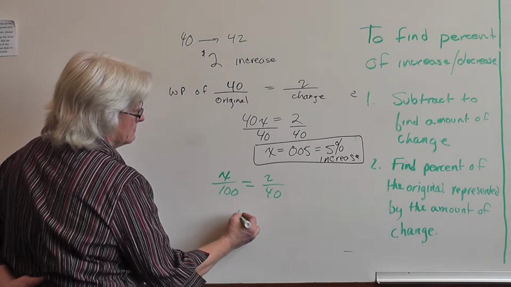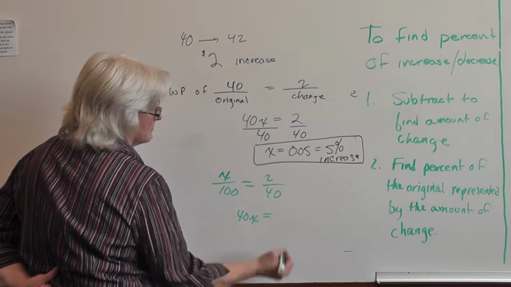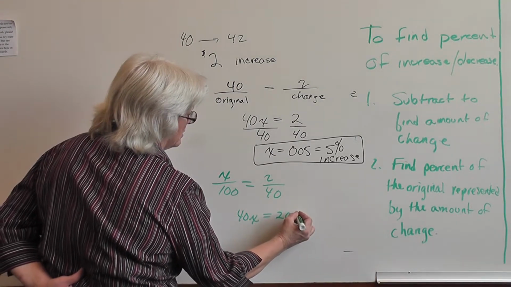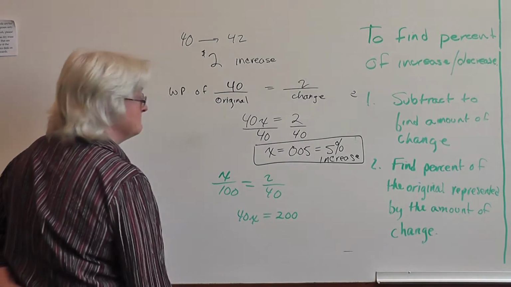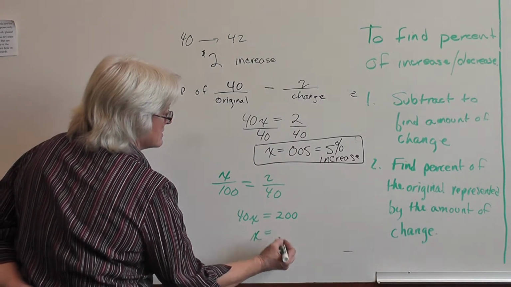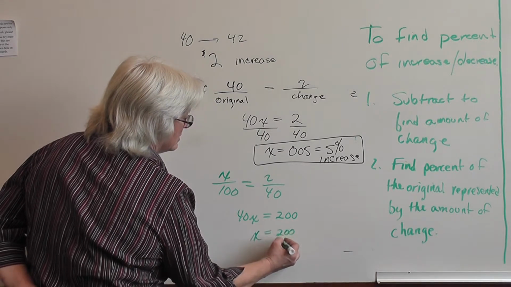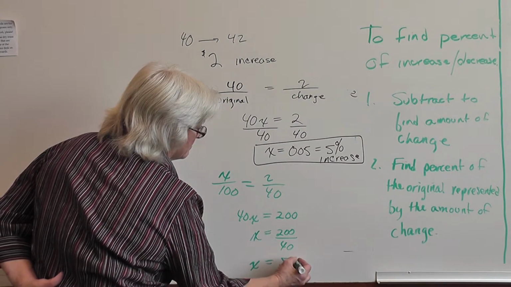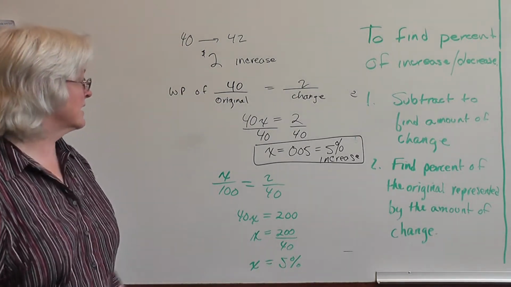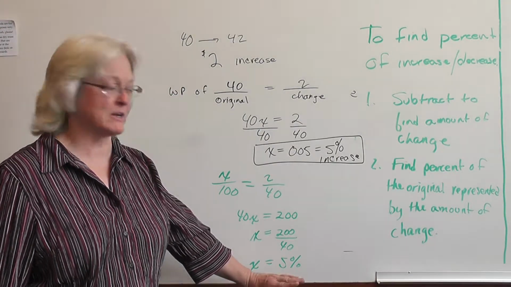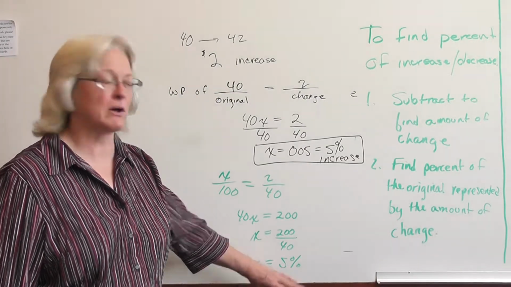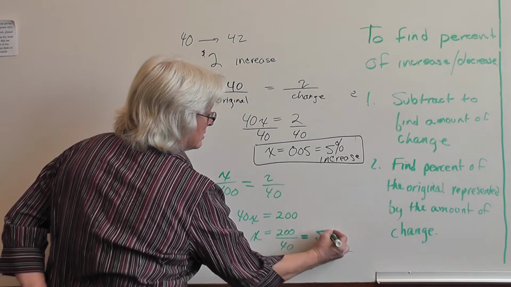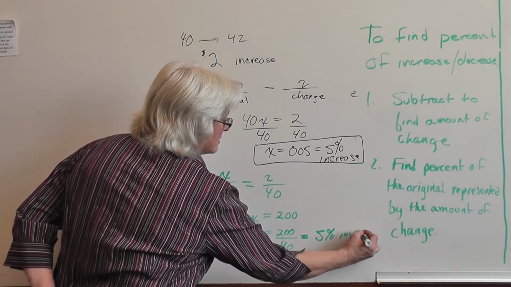40x is equal to 200. x is equal to 200 divided by 40. 200 divided by 40, of course, is equal to a 5% increase.